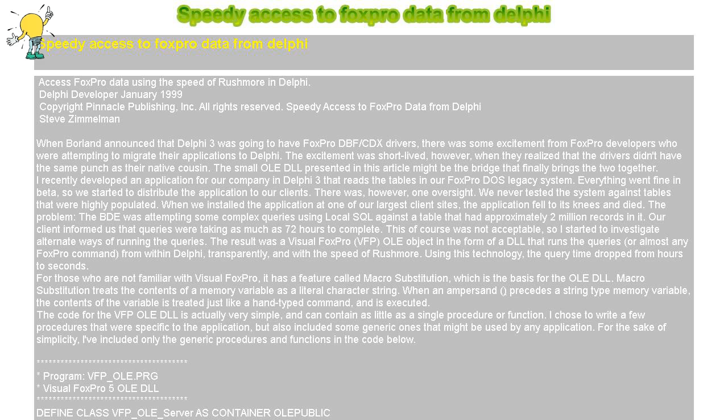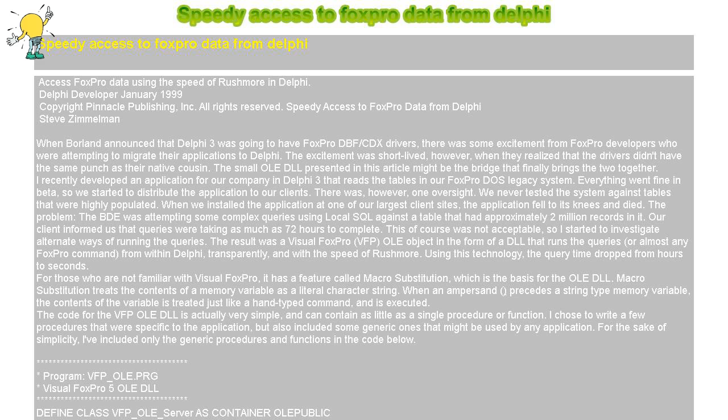In the form's create method, I call the function isFoxOL to instantiate the OLE DLL. The Delphi function CreateOLEObject is used to create a connection to the OLE object and returns a pointer to the object, which is stored in the variable vFoxOL.